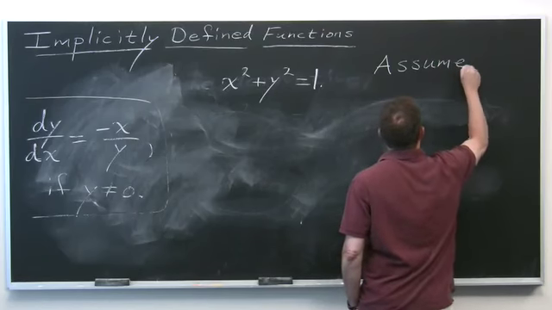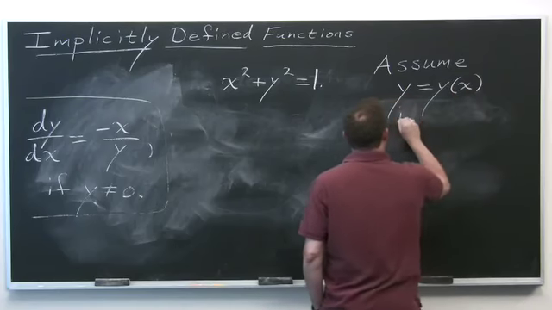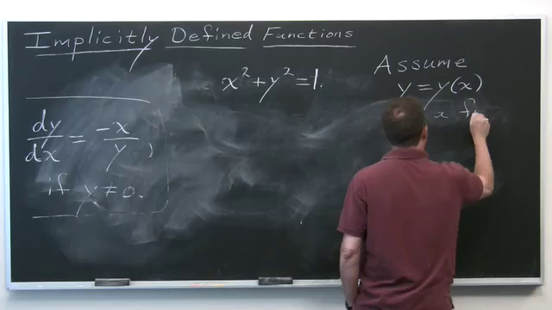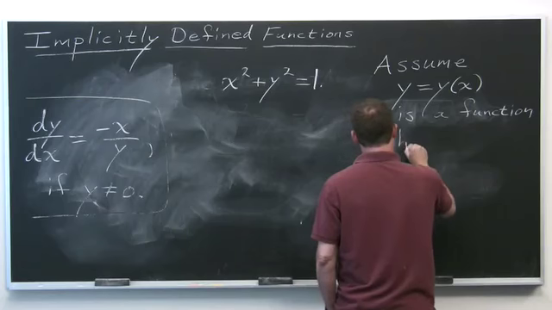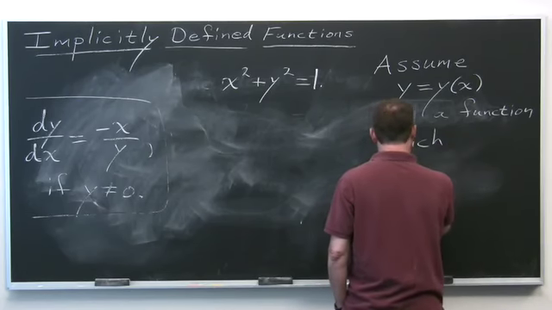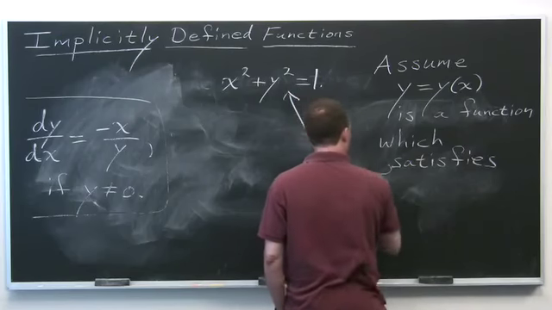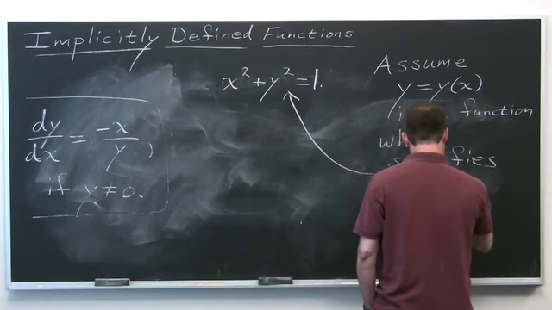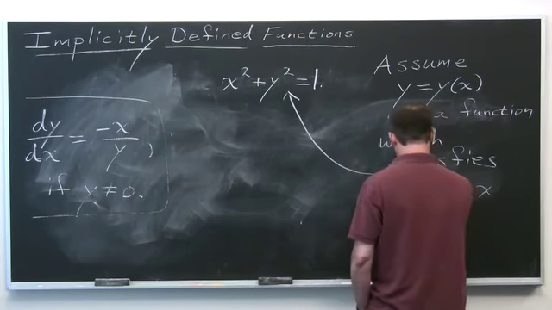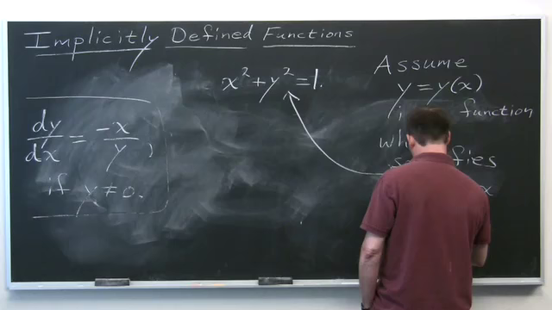So assume y equals y of x is a function which satisfies this equation for all x in some open interval, so that we can take derivatives for all x in some open interval.